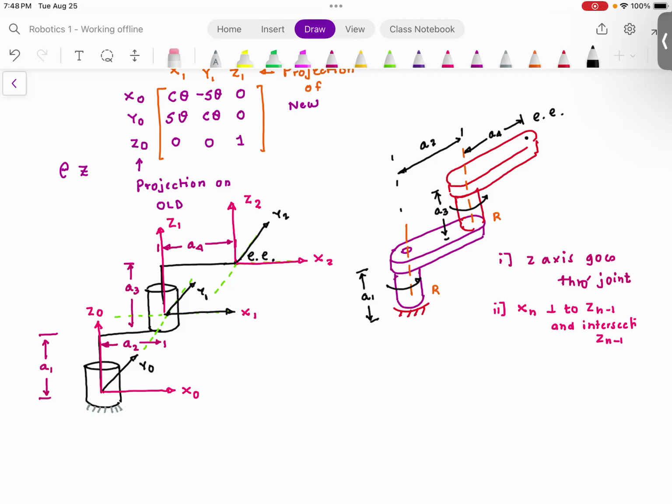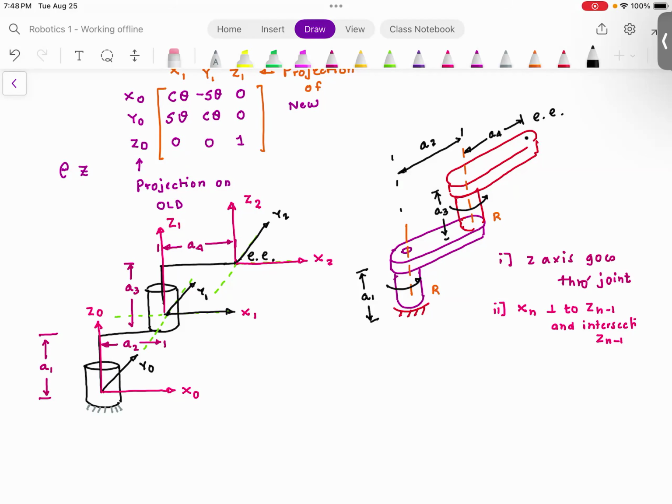Rule number 1, the z-axis must pass through the joint. The x-axis should intersect z n minus 1 axis. And at the end, you have to complete the triad. Everyone understood about the coordinate system?